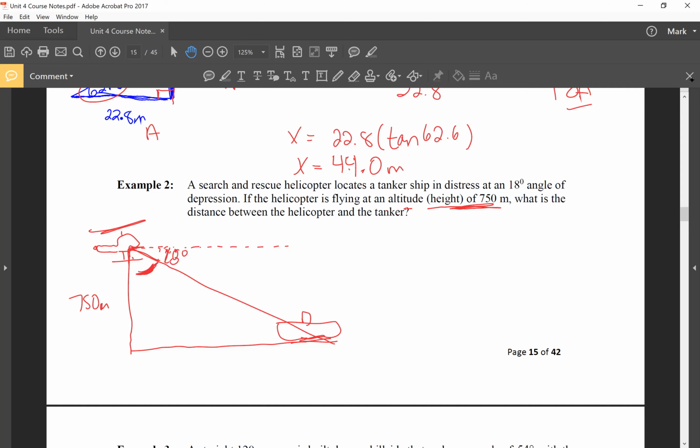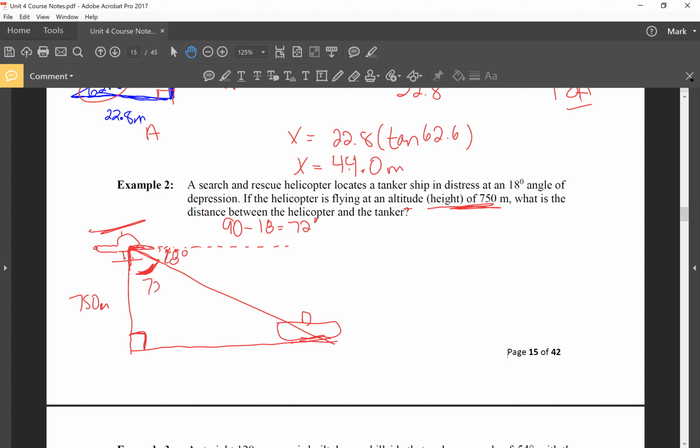What would this angle be? I need the angle inside the triangle. Would anybody know how to calculate that? Yes, it is 72. Now, how did he get 72? This is a right angle. 90 minus 18 is 72. You won't have to do that on the final.